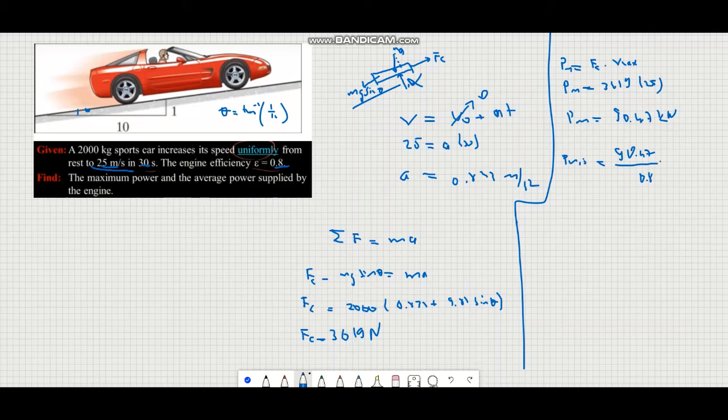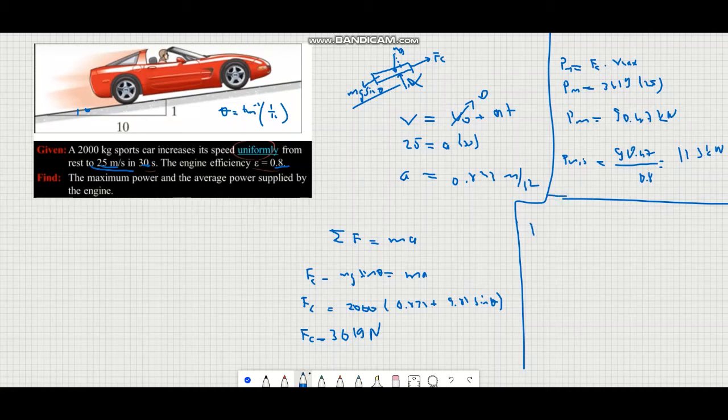So the car engine needs to give 113 kilowatt in order to move this car from 0 to 25 meter per second in 30 seconds, or to provide the 25 meter per second by these forces.